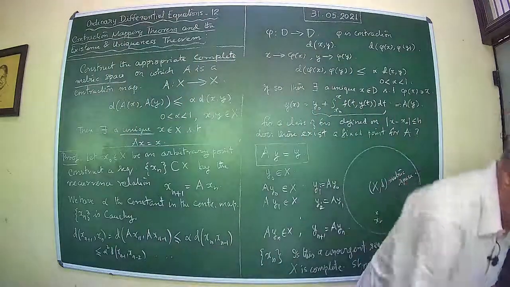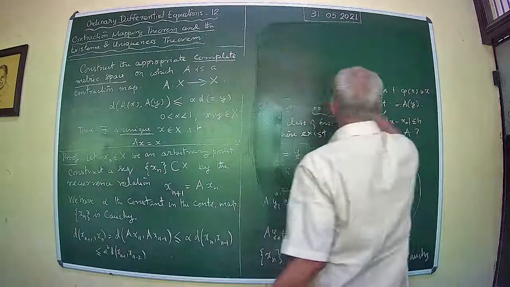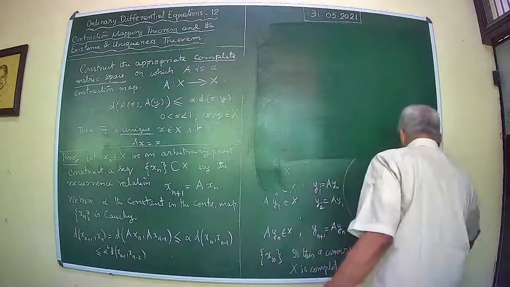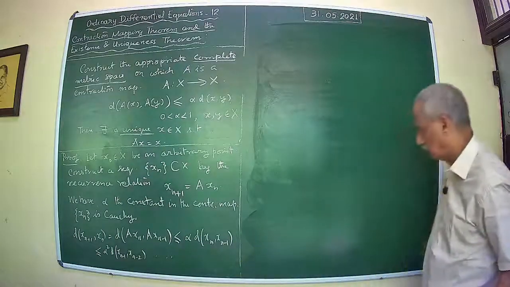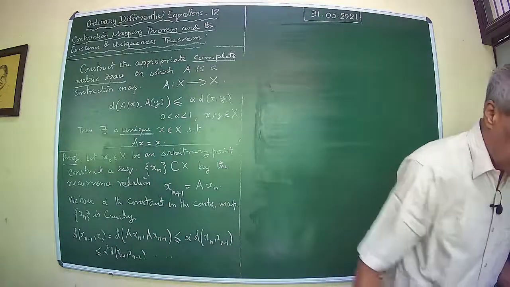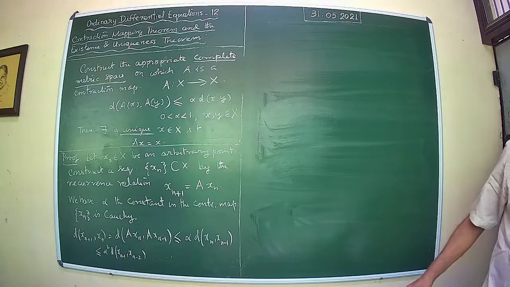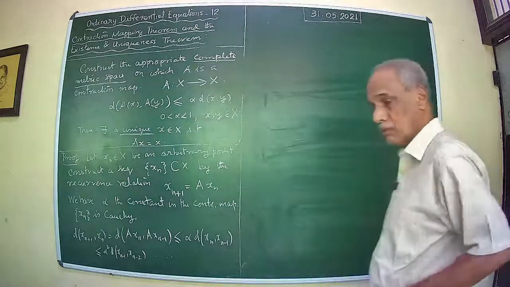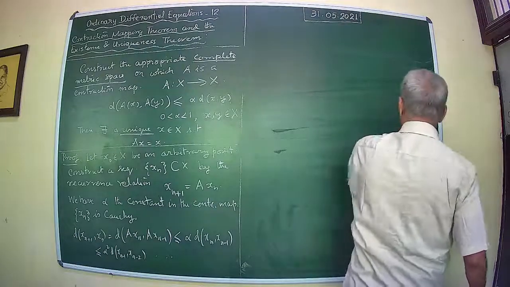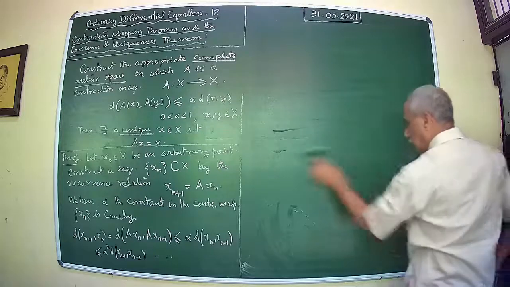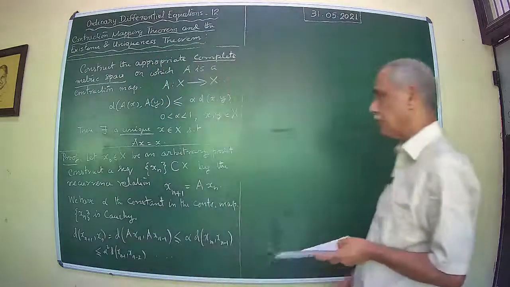Now, what you can prove is this. Our objective is to prove that this is a Cauchy sequence.